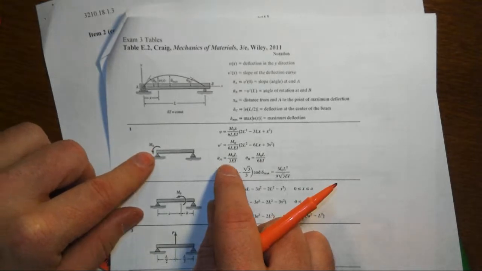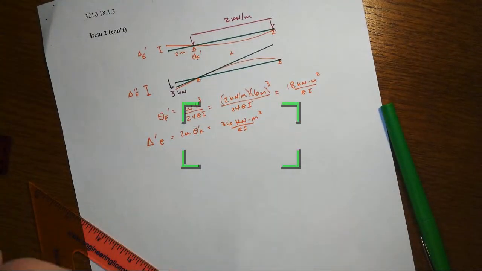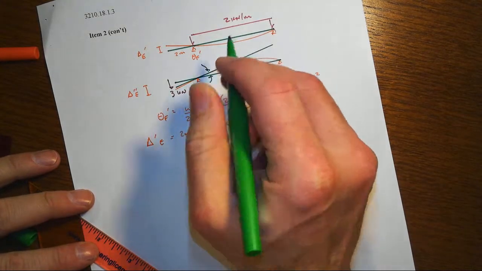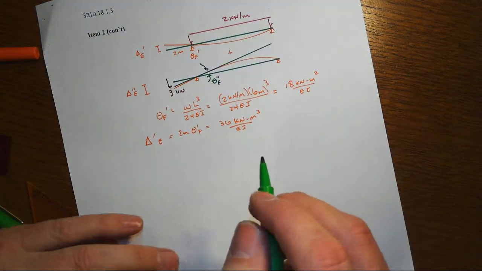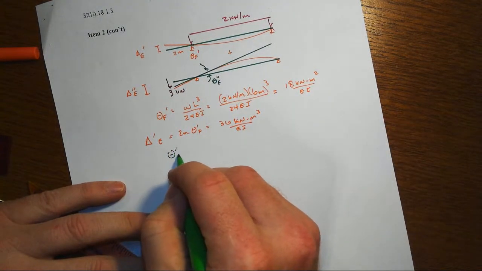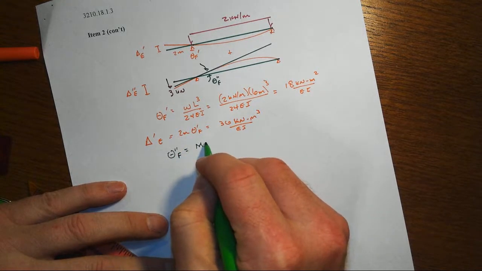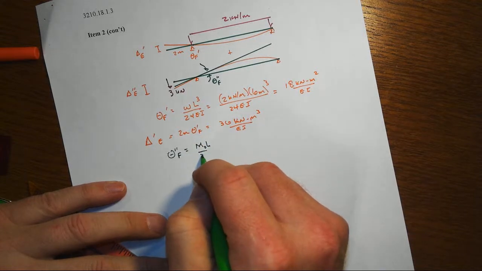When the moment's applied here at A, that's ML over 3EI. So what we're going to do is go find out what that rotation is. Theta F, that's going to be double prime. And so theta double prime F is equal to that M naught times L over 3EI.